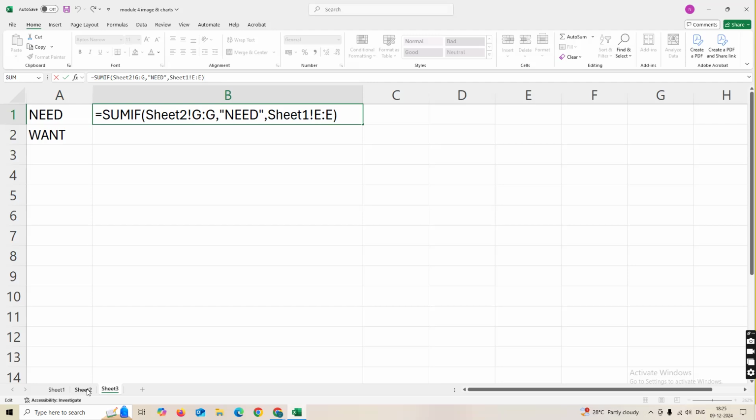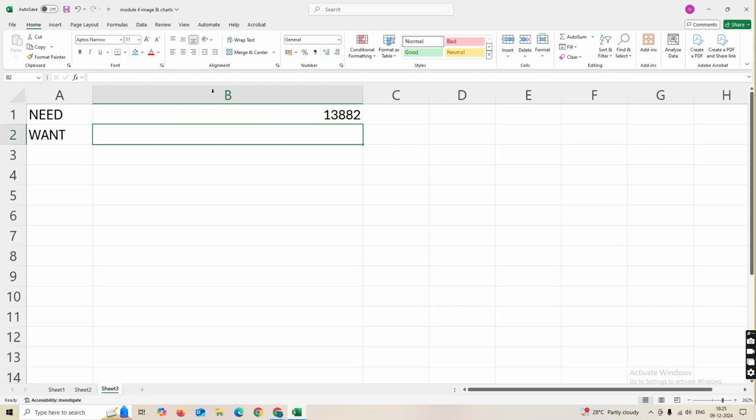Does it matter? Need, need, need. Correct. So I had to go to sheet 2, and here is need. Let me check again. Small letter. No need.